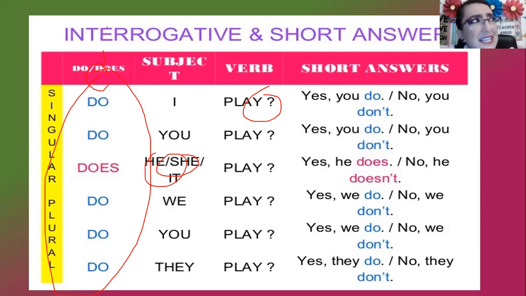Do I play tennis? Yes, I do. No, I don't. Or yes, you do. No, you don't. Yes, she does. No, she doesn't. It depends on the person who is answering these questions.